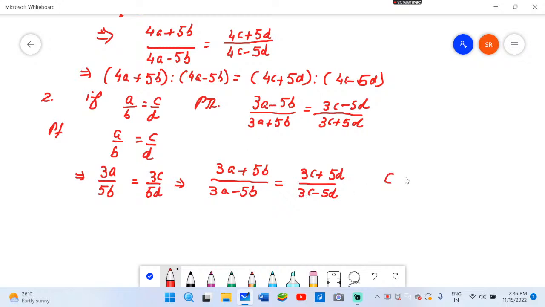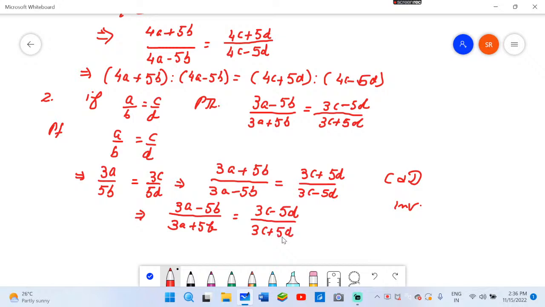So here, after applying componendo and dividendo, I take the reciprocal, means applying invertendo. So this gives me 3A minus 5B upon 3A plus 5B equal to 3C minus 5D upon 3C plus 5D.